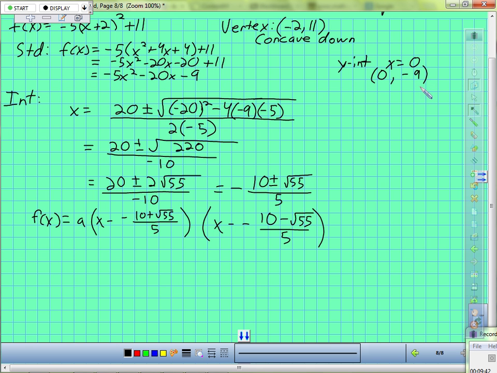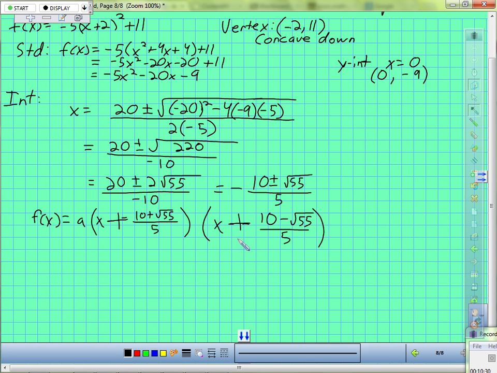I could have plugged in 57 and done the same thing. But 0 just gets us there faster. And that's a handy technique. It's one of those maneuvers. Okay. So, I'm going to go ahead and plug in, and I'm going to simplify at the same time. Because these negatives are going to become positives, right?